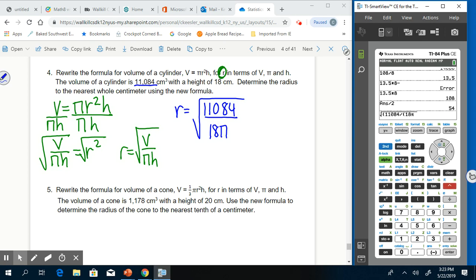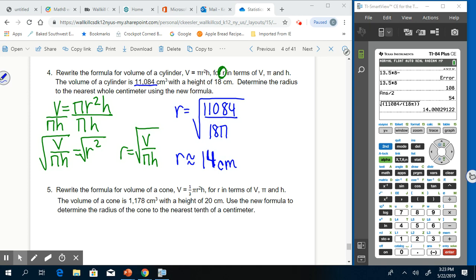Close the parentheses twice. And hit enter. And we get about 14. So we could put in our r is approximately 14. And we would put 14 centimeters.